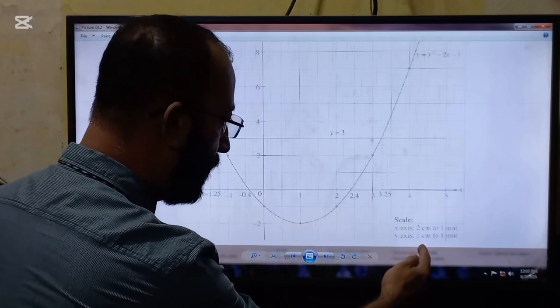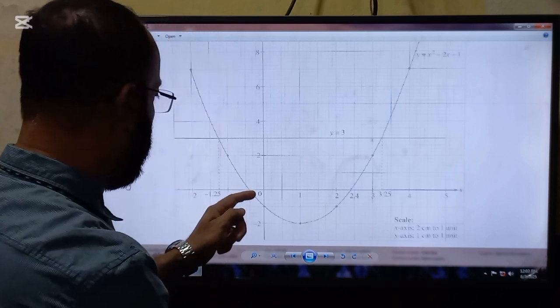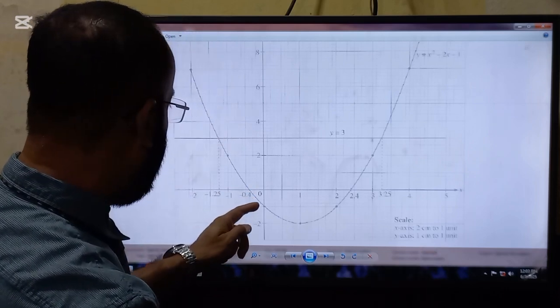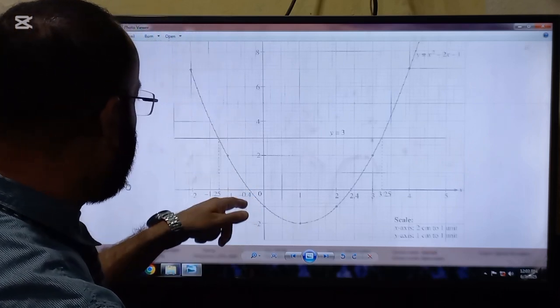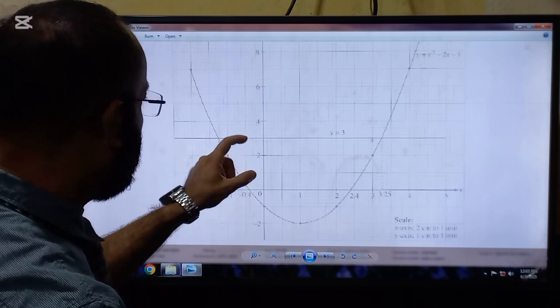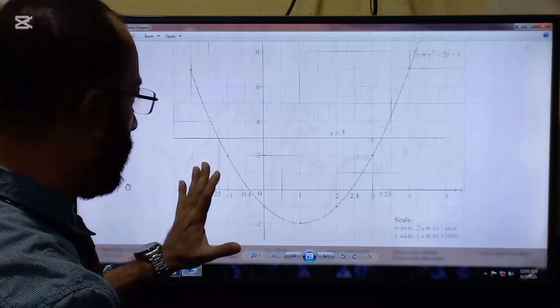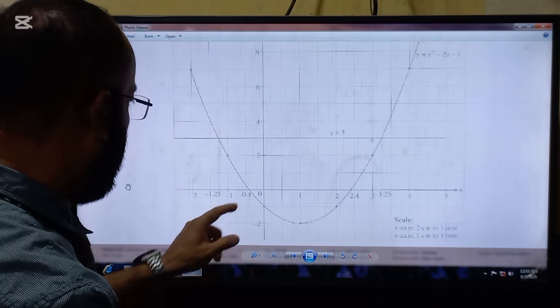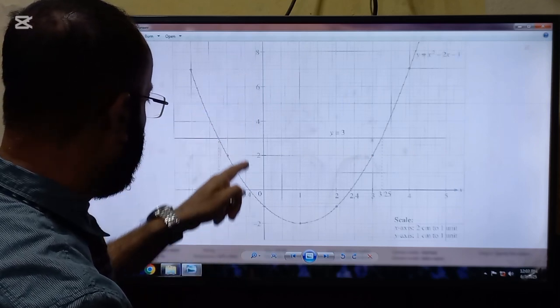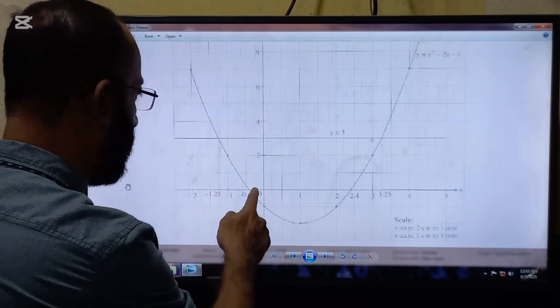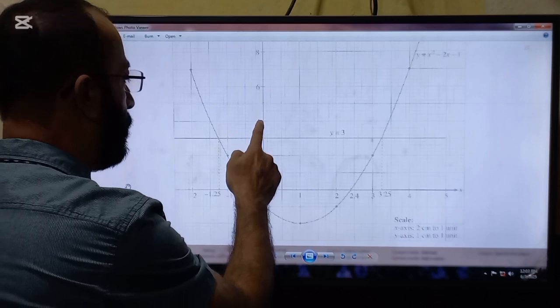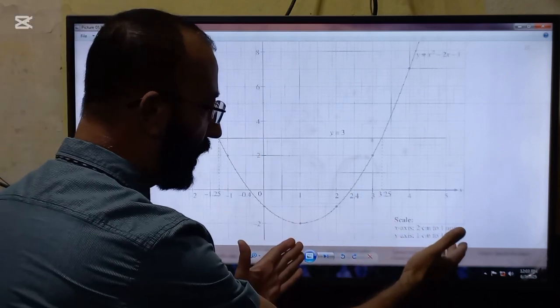And y-axis, 1 big unit will be 1 unit. So look now, here is the y-axis. So 1 big unit will represent 1 unit. So this is wrongly done. Okay, this is correctly done because 1, 2, 3, 4. Okay, done. So this is correct.